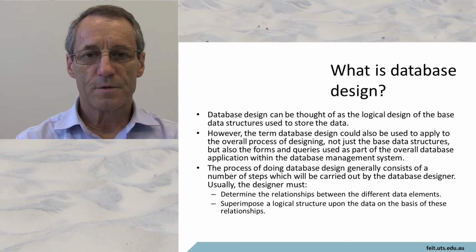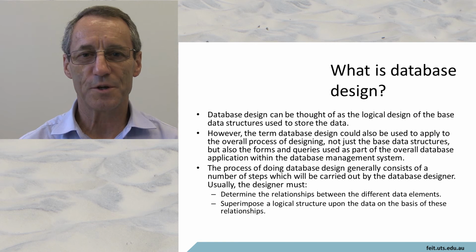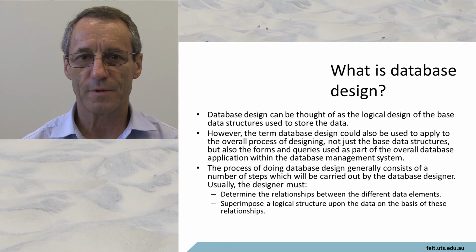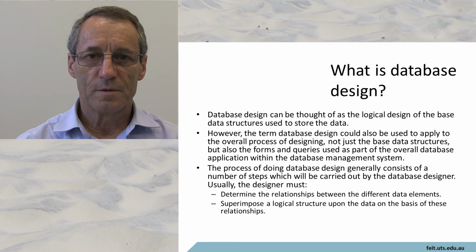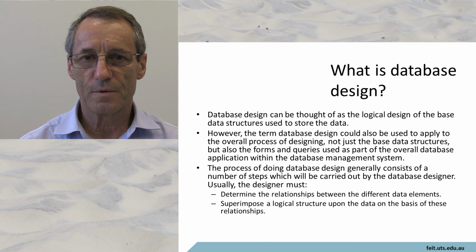And then once you've done that, to consider, do you need to denormalize it a bit, for example, for performance considerations or something of that nature? So the database design process is fairly standard, and it's taught fairly uniformly in a number of places.